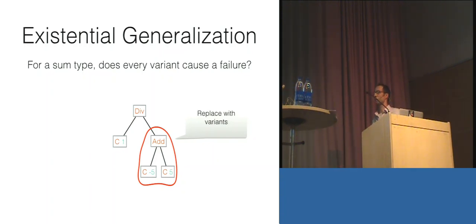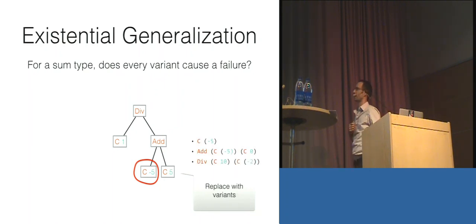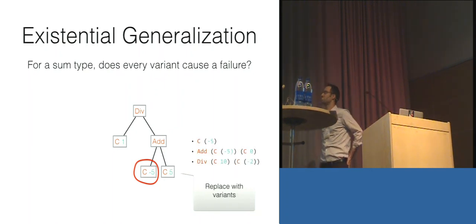And I won't be able to find a counterexample with each variant, right? So namely with constants, it has to be 0, which is precluded by my precondition. But here I can do this. There's a possible variant that causes a counterexample in each case.